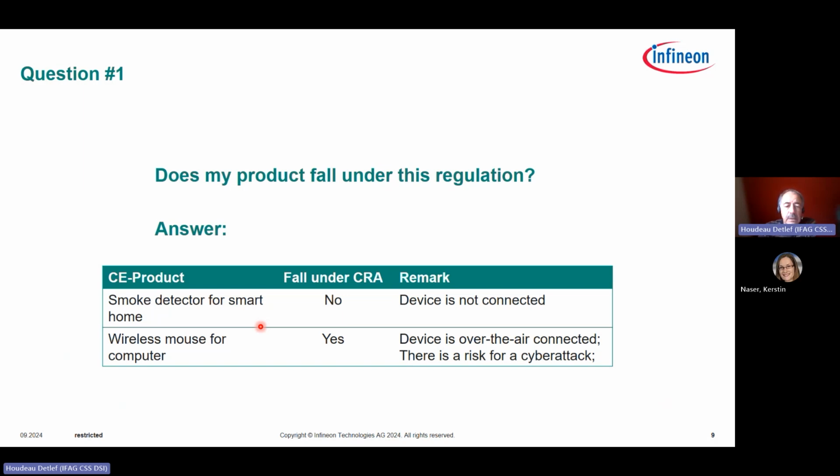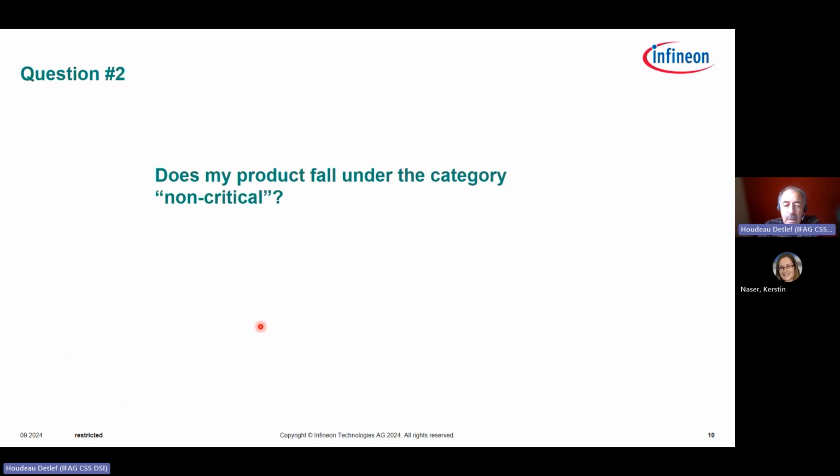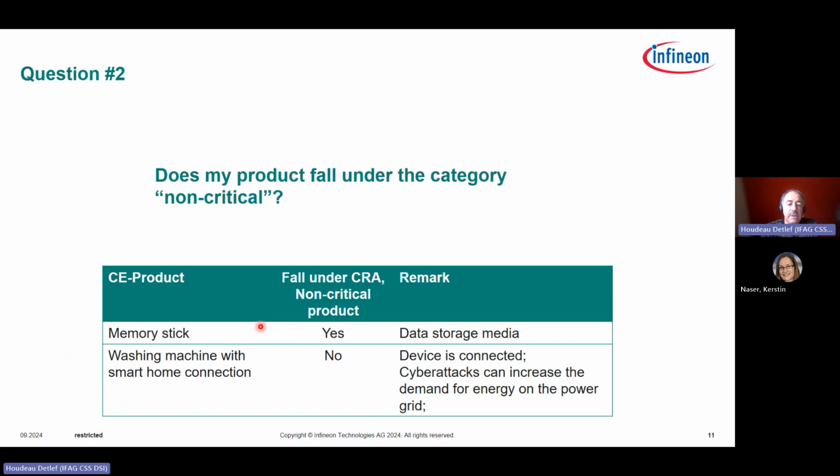This is easily possible. So does my product fall under the category non-critical? This is, let me say, the second level. And here we have also 2 examples. Memory stick, for example, falls under non-critical part because these memory sticks can only store data in the media, not more.